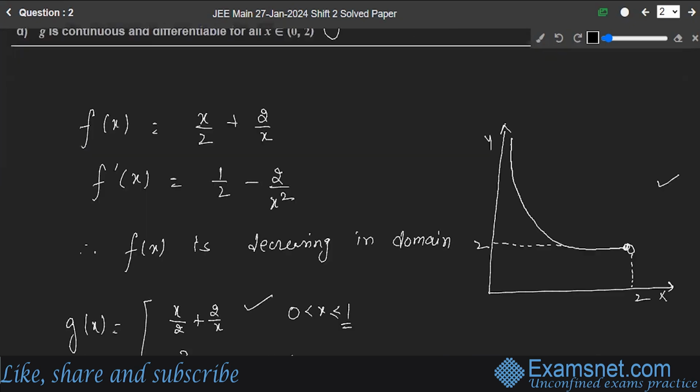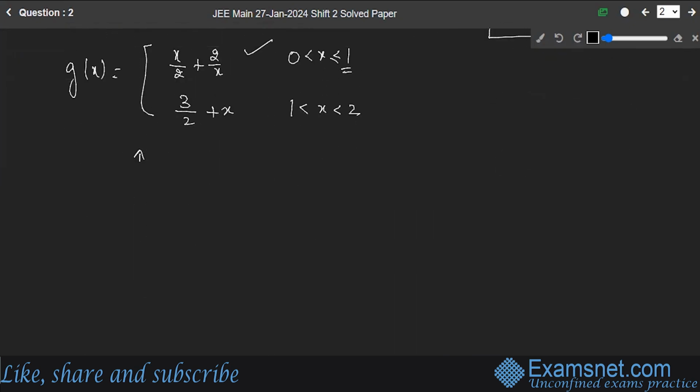Very bad in drawing actually. So this is till 1 and here is till 2. This is, let's say, 2 over here, and let's say this is 5 by 2.